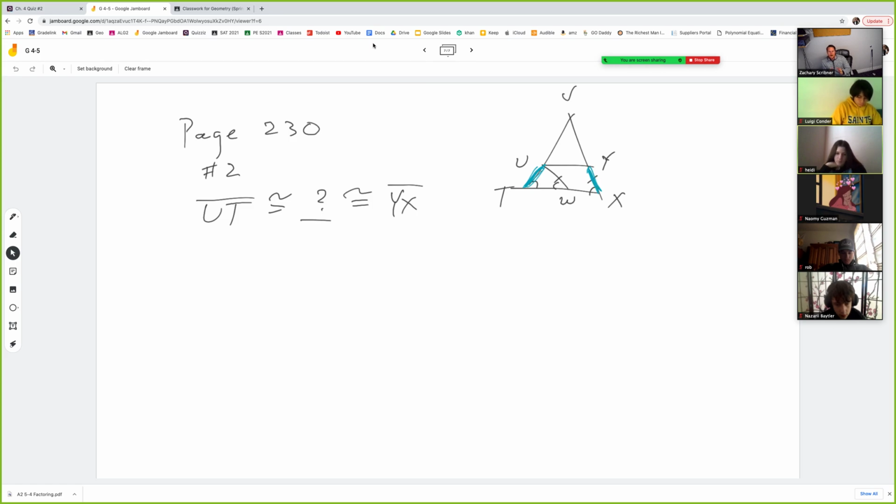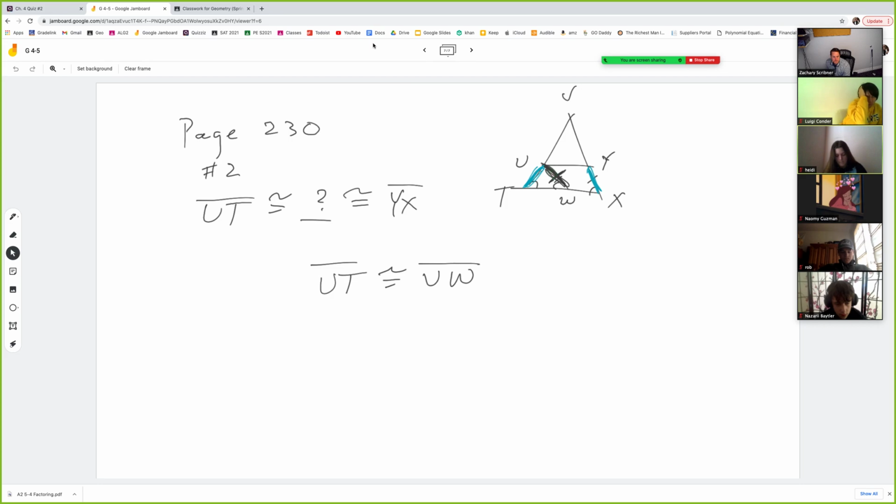Now, I want you guys to understand what's happening here. They are trying to do the transitive property and show you now, instead of doing the transitive property, they're asking you what is the middle equivalence in this transitive property. And the answer is, you have to say UT is congruent to UW. This is UW.